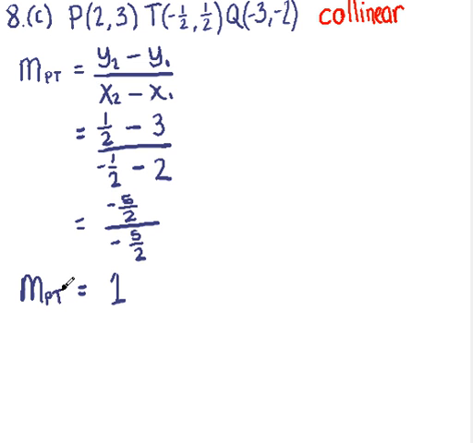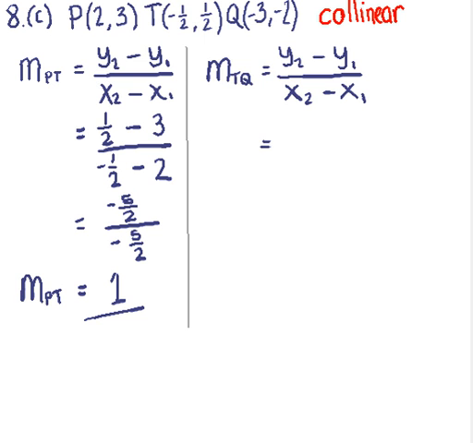What we want to do now is work out the gradient of TQ. If the gradient of TQ is also equal to 1, then we know the points are collinear. So if we write down the gradient formula, but this time for the points T and Q, now this time y2 will be minus 2, and we're subtracting y1, which this time is minus a half.